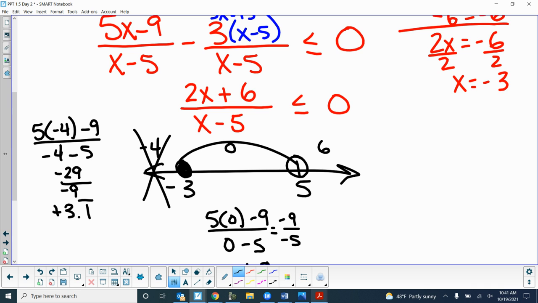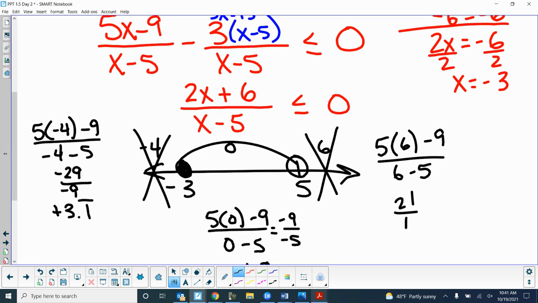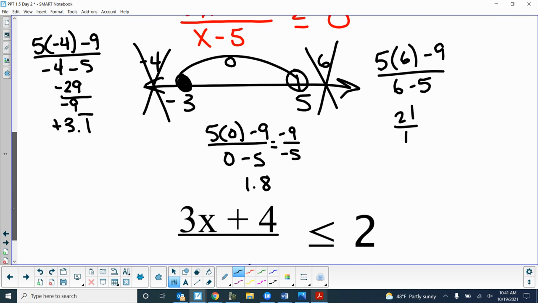When I put 6 in for x, 30 minus 9 is 21, and 6 minus 5 is 1. Is 21 less than or equal to 3? No. So again, it was the middle two. And again, it does happen a lot, the middle two, but not every time.